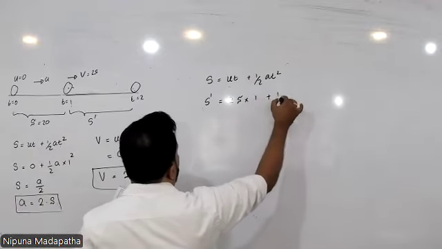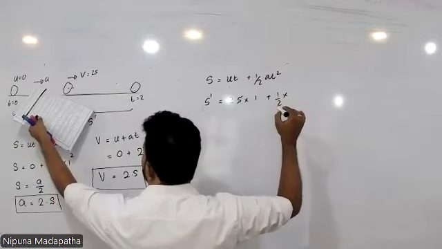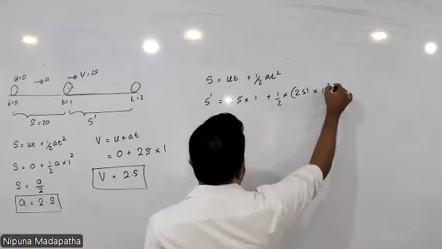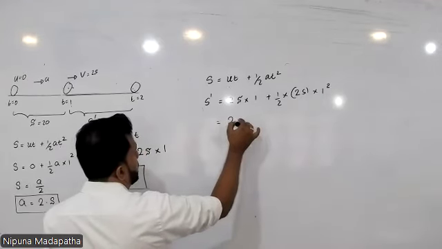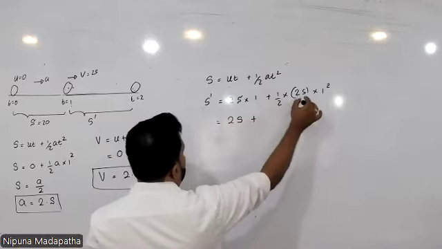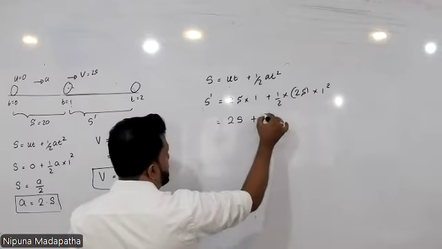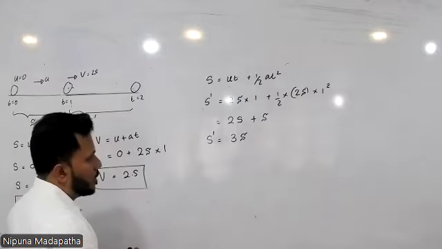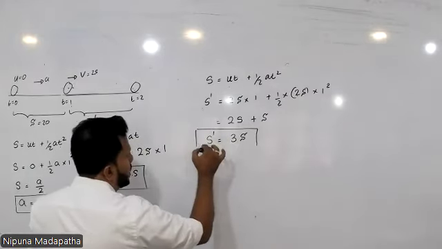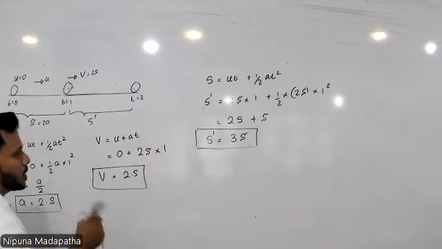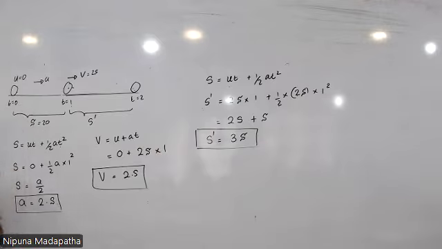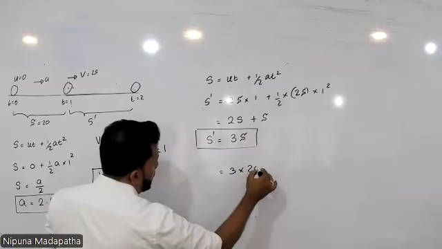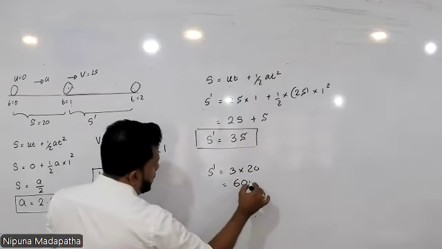Half times acceleration, which is constant, 2s, times 1 second squared. 2s plus 2s divided by 2, it is s. So 3 times s. So the distance it has traveled during its second second is 3 times the distance it has covered during its first second. Here 3s is 20, so s dash is 60 meters.